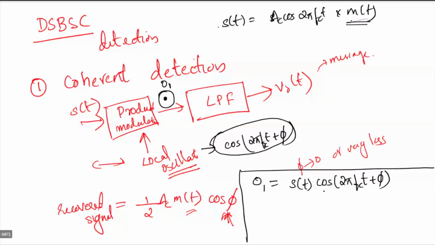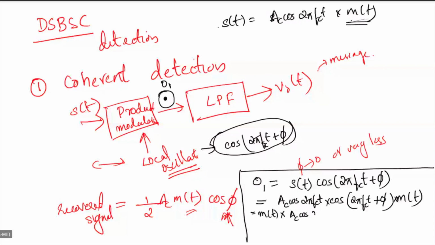Expanding, S of t is m(t) into Ac cos 2 pi fc t, the incoming signal, and cos(2 pi fc t plus phi) is the local oscillator signal.